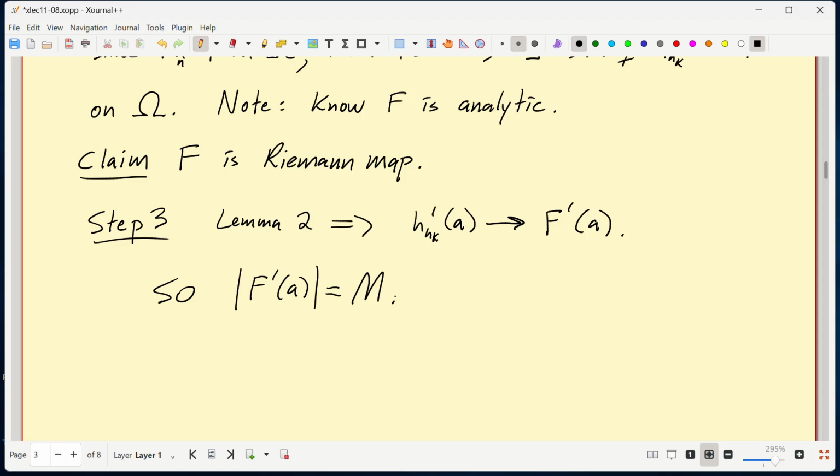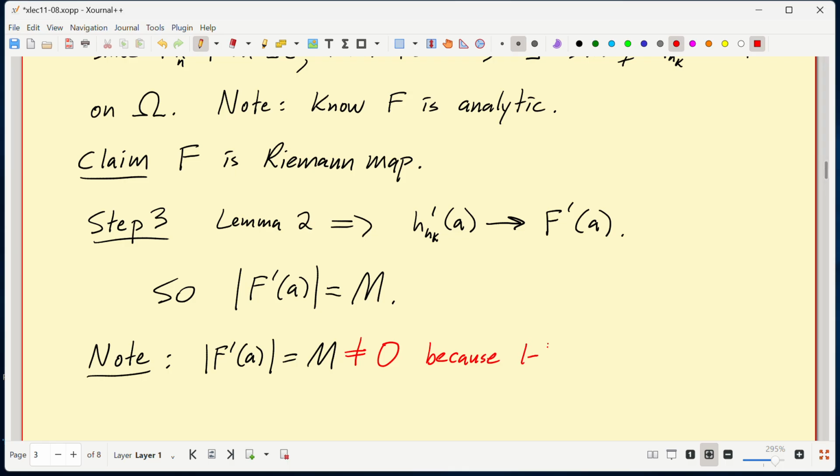Something to note, F prime of A is equal to M, and M can't be equal to 0. And that's because a one-to-one function has a non-vanishing derivative. One-to-one analytic functions.